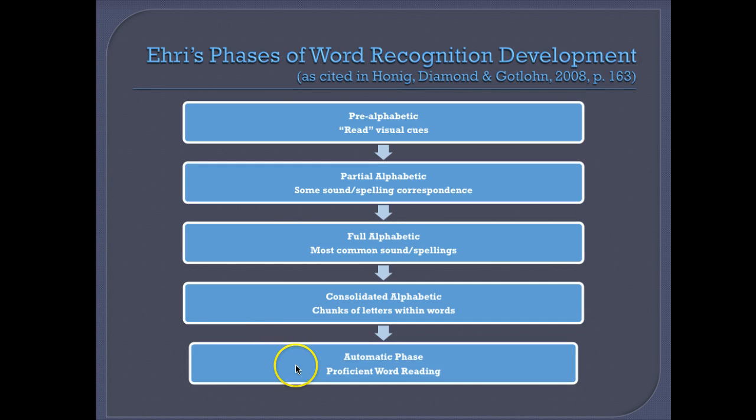So here is the automatic phase, which is proficient word reading. The goal of phonics and word recognition is to move students through these phases to where they are reading proficiently. At the automatic phase, a majority of words that the reader encounters will be part of their sight vocabulary, or practiced sufficiently to be committed to memory.